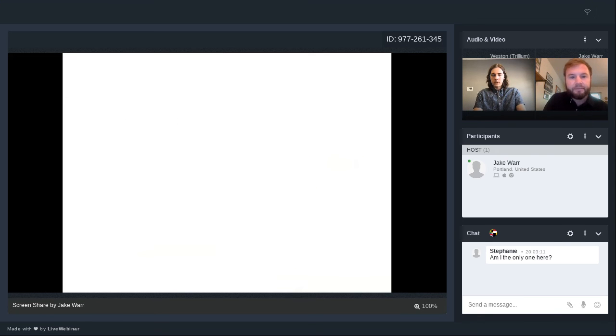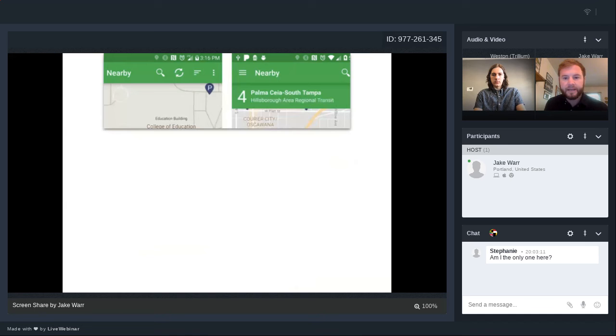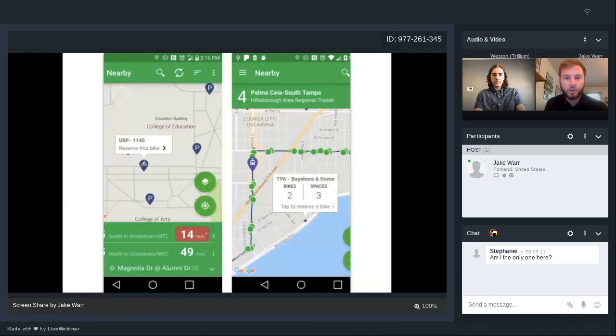It's for the agency that's in charge of the program. So this screenshot here, which I believe is the Transit app, it looks a lot like the Transit app, but I'm not 100% sure. It is an example of how GBFS presents in an application.